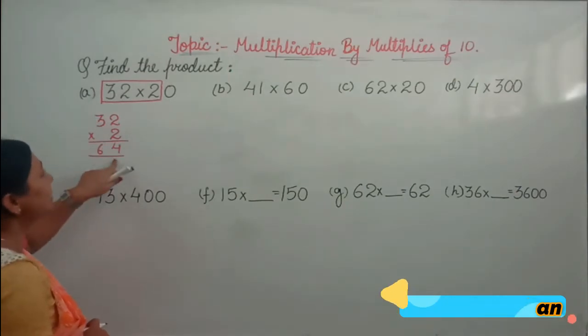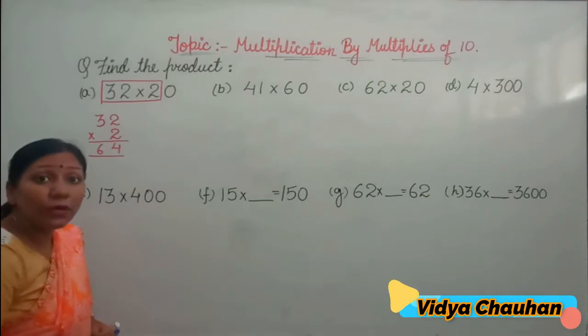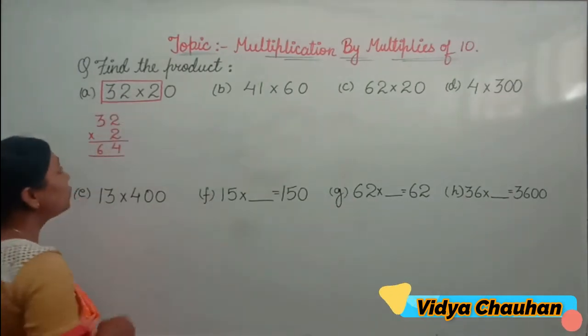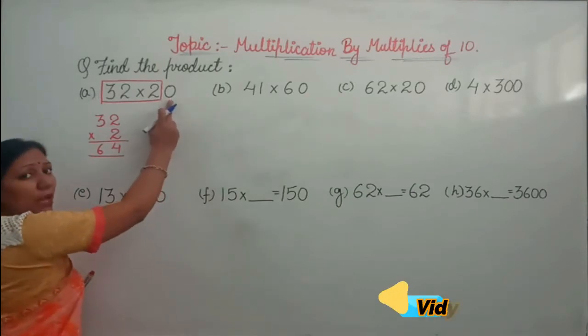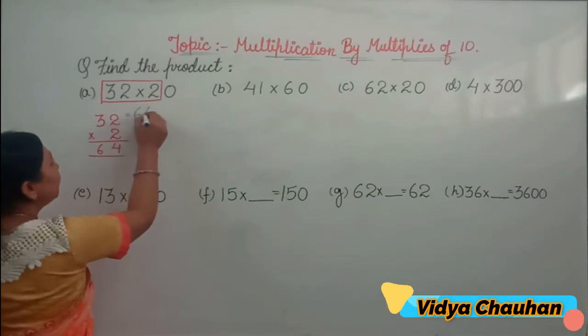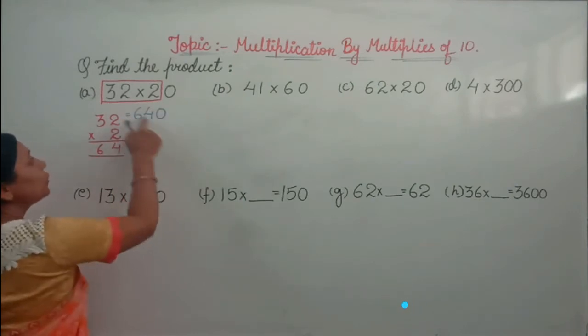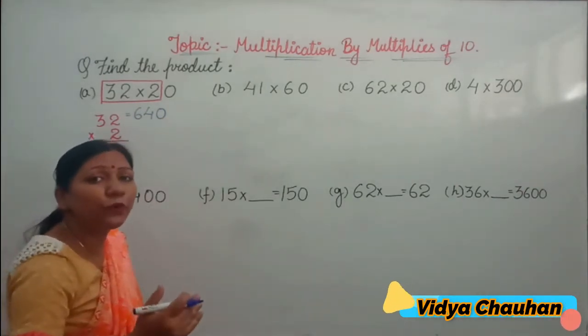32 into 2 is 64. Now we have to write its answer. Since there is one 0 along with this 20, your final answer is 64 and a 0. So 32 multiplied by 20 is 640.